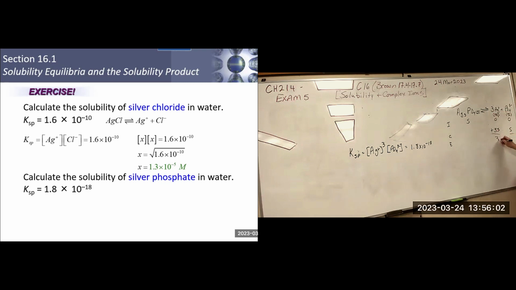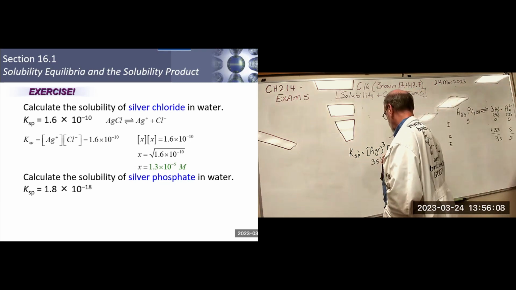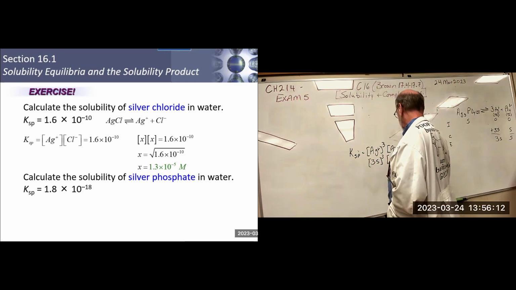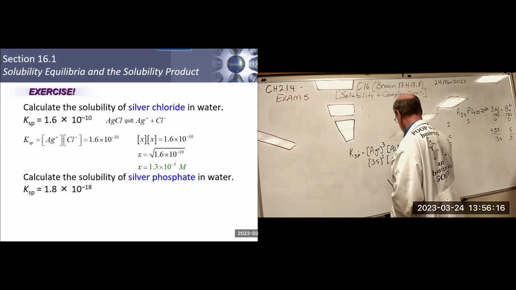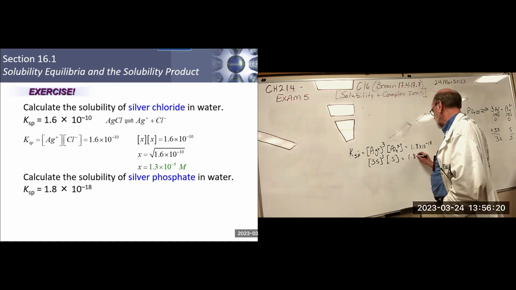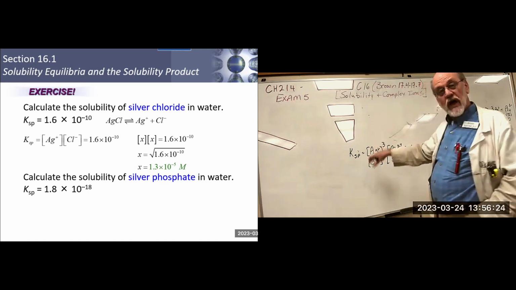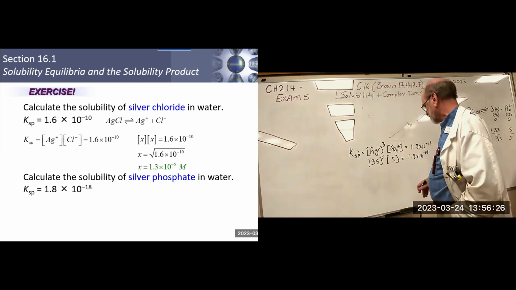All right, so we have a 3S cubed and a 1S first power. And that's equal to 1.8 times 10 to the minus 18.